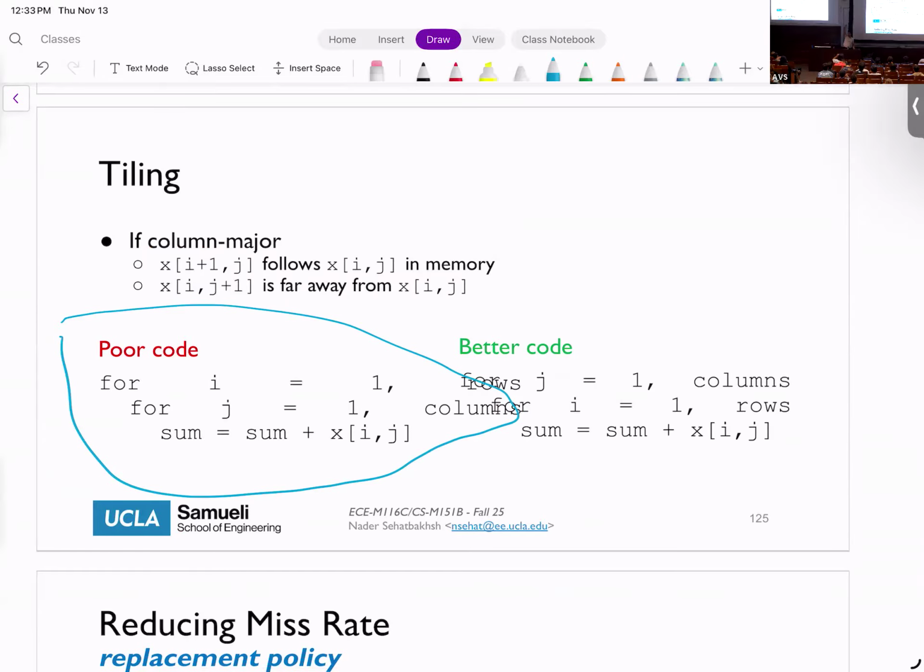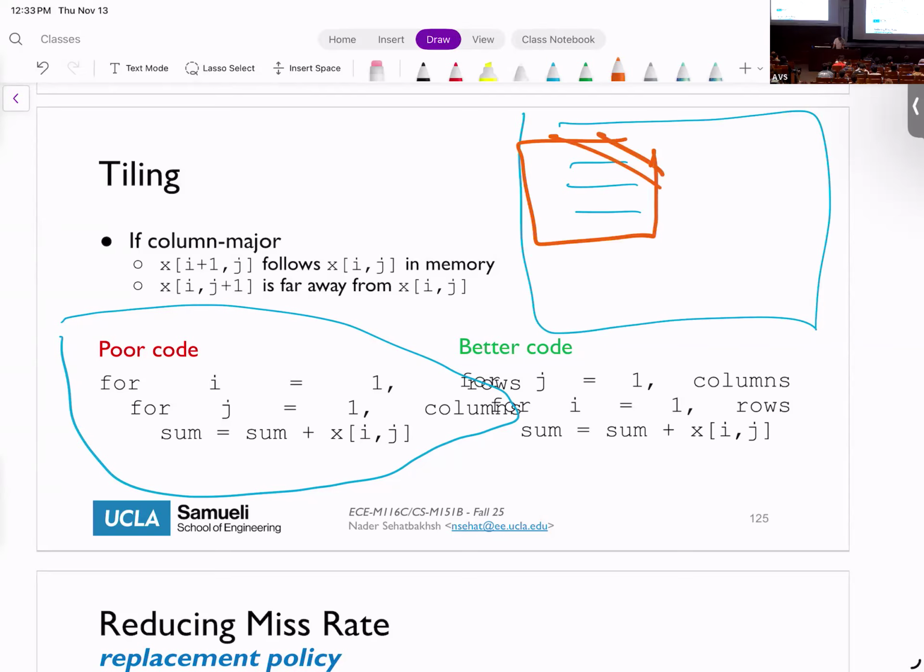If the number of columns and rows are so large, what will happen is that the first few rows might be in the cache, but if my matrix is very, very large, I can only cache this part of it. So the moment I go after the next row, these are all misses, okay?